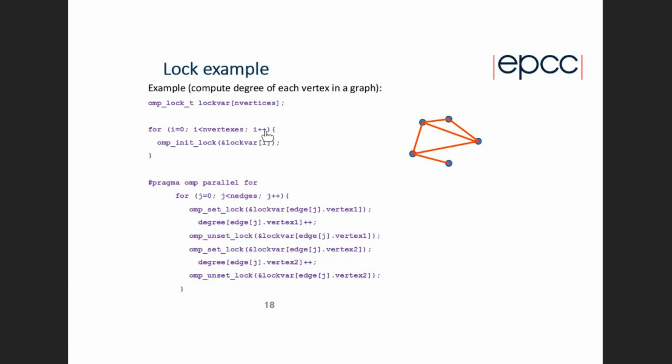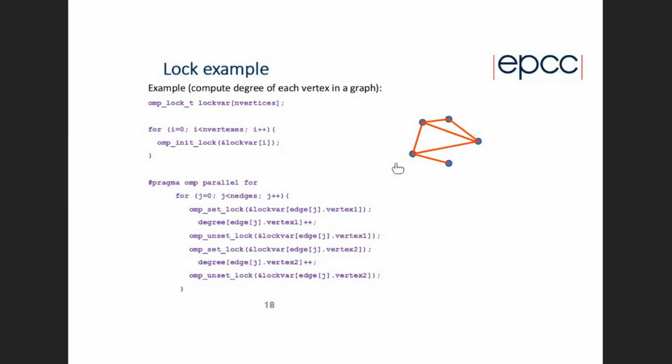So in this case, I could declare an array of locks and initialize them. And then in this case, I would choose the number of locks to correspond to the number of vertices. Okay? I don't have to do that. That would just be one way of doing it.